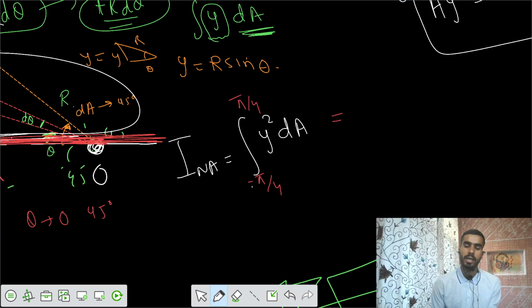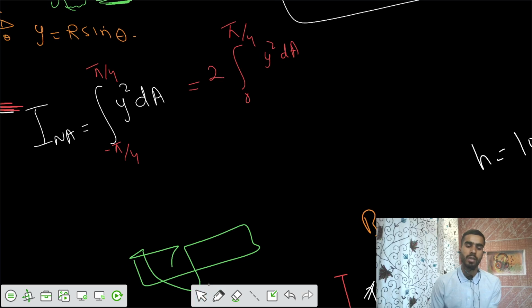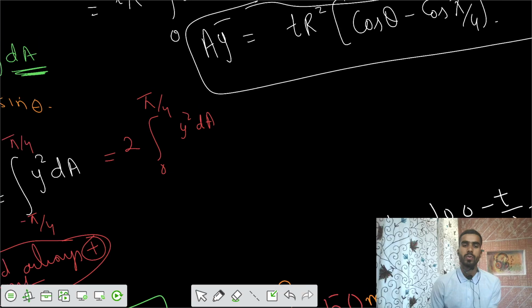That's also 2 times the integral from 0 to pi by 4 of y square dA, because your second moment of area does not take negatives; it is always positive. So we can take 2 times the integral from 0 to pi by 4 of y square dA.